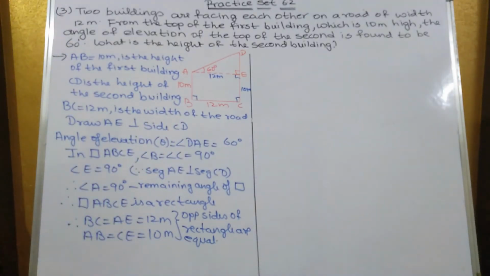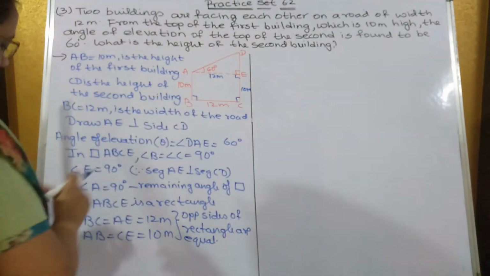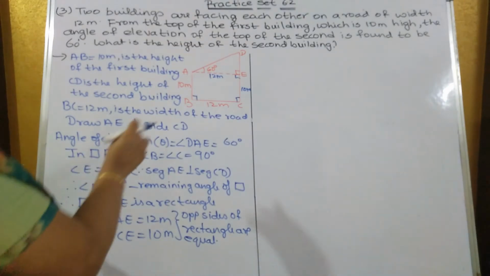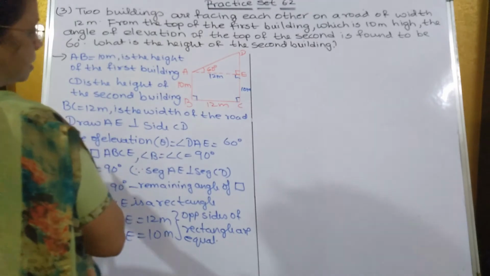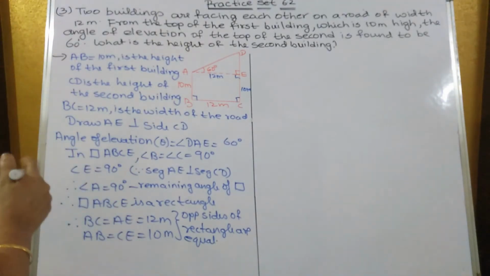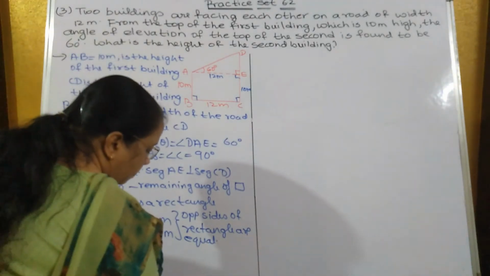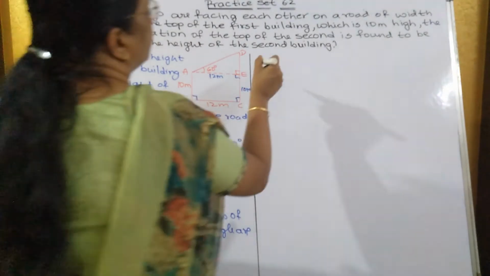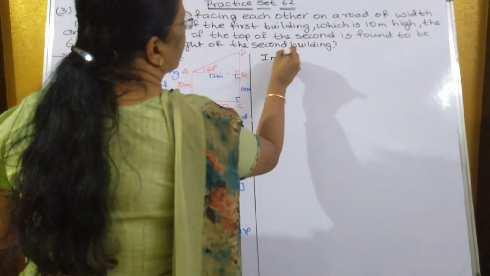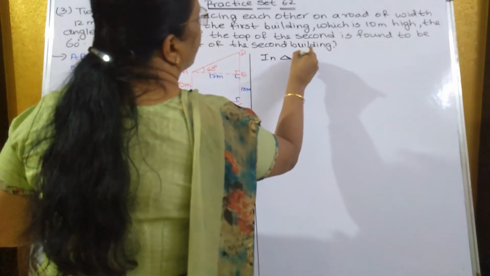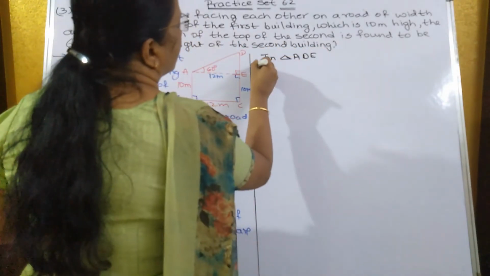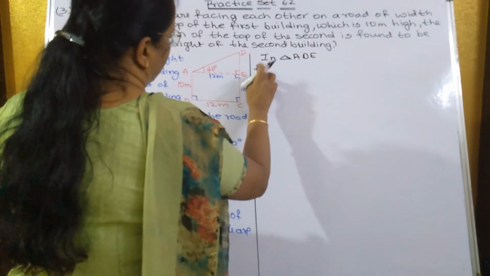Now we have to find out DE. So how to find out DE? DE is the opposite side of this angle, and AE is the adjacent side, so we have to use tan 60 degree. So in triangle ADE, tan theta is equal to how much?